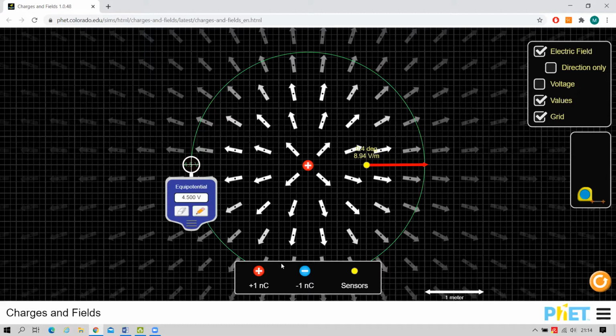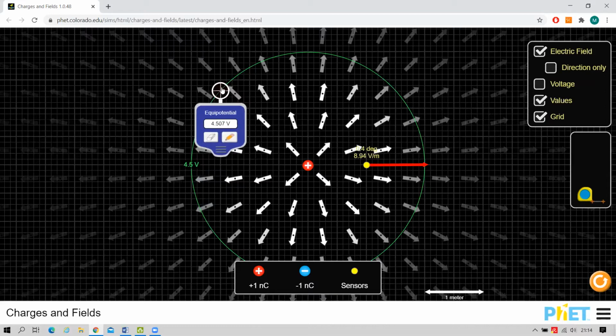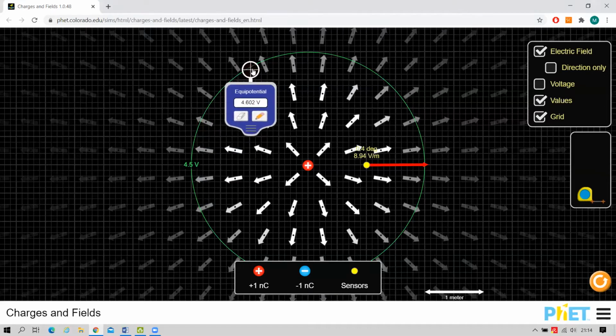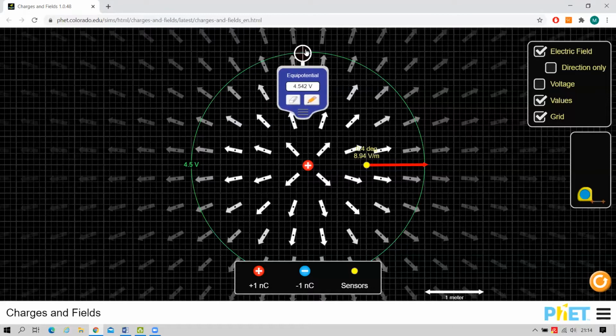As you know, on the equipotential line, every point is at the same potential. For example, the potential is reading 4,500 volts. If I move this along the green line, I will always read the same potential value.